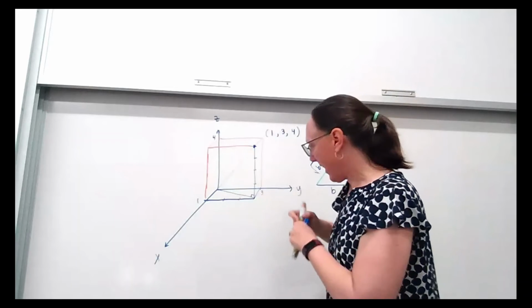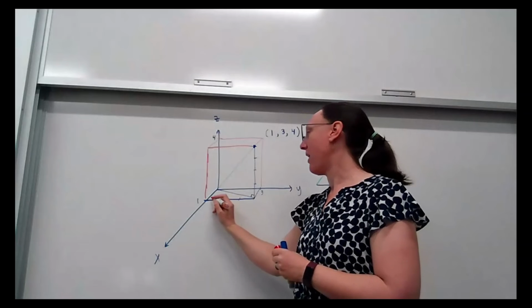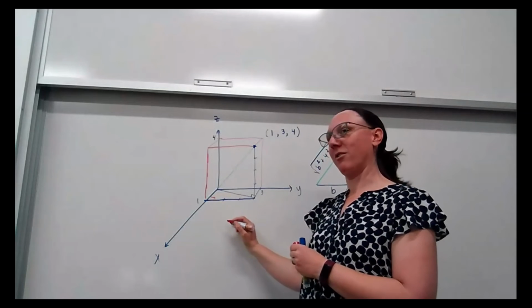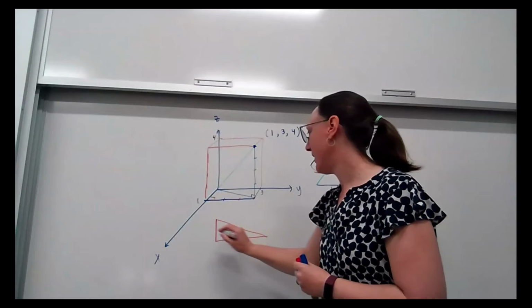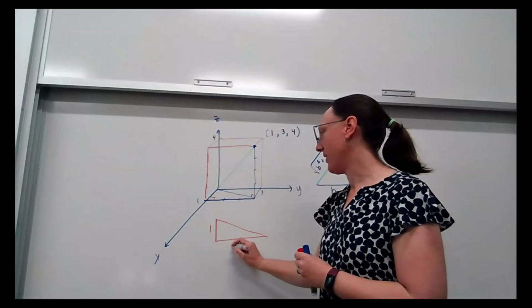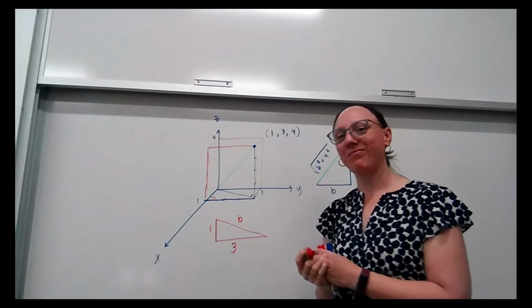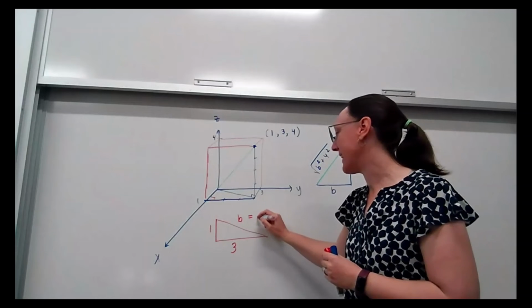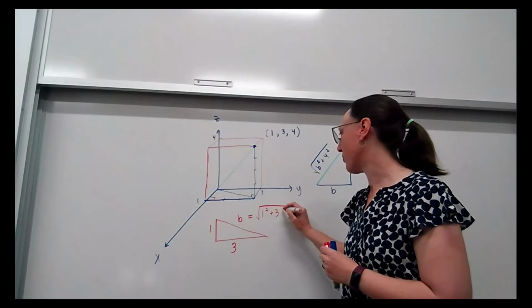So my B side is the hypotenuse of this right triangle, where if I pull that out, that side was 1, that side was 3, and that was B. So I know that my B is equal to the square root of 1 squared plus 3 squared.